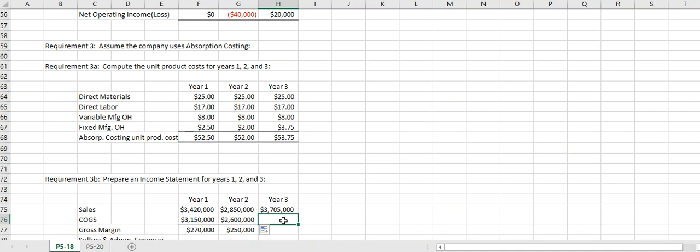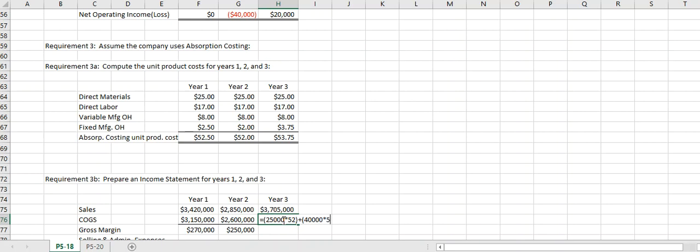So this one's a little more complicated. I'm going to type in a formula here. In year 3, we're selling 25,000 units out of our year 2 inventory, which was $52 a unit. And we're going to add to that the other 40,000 that we sold from year 3 inventory.